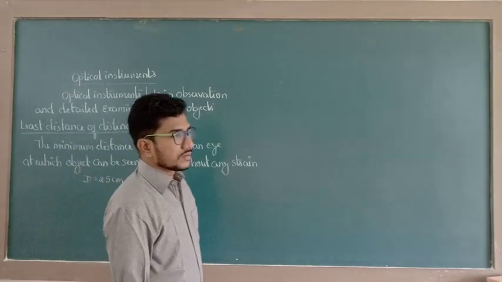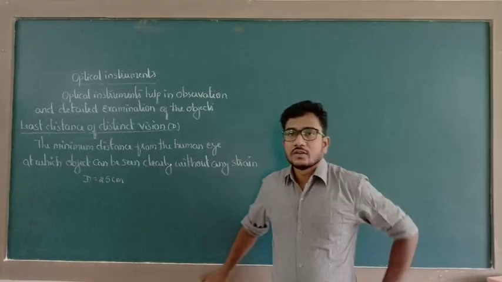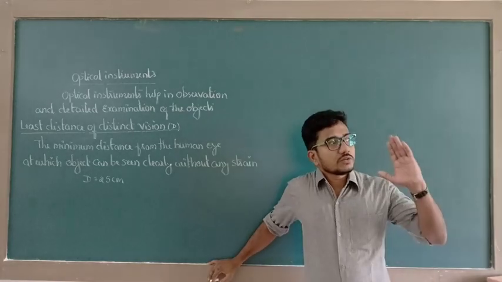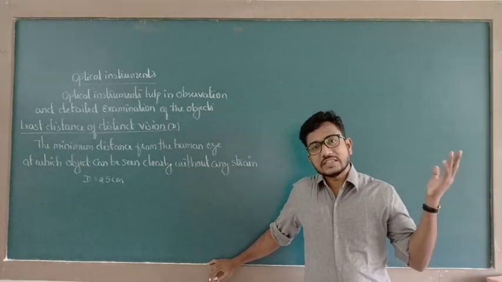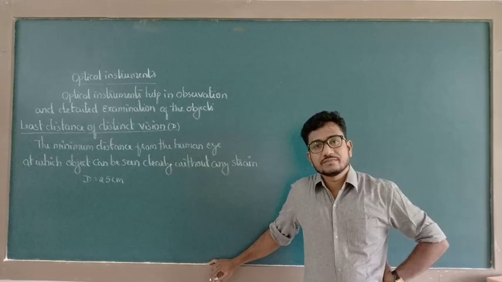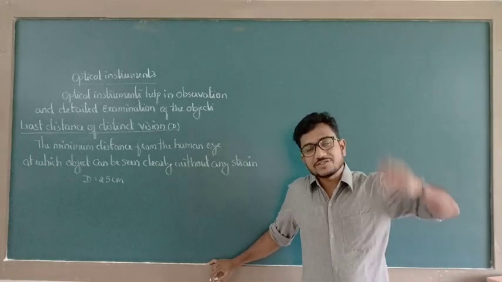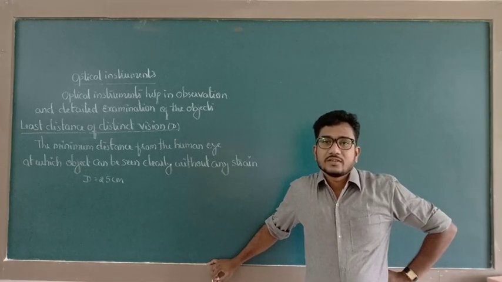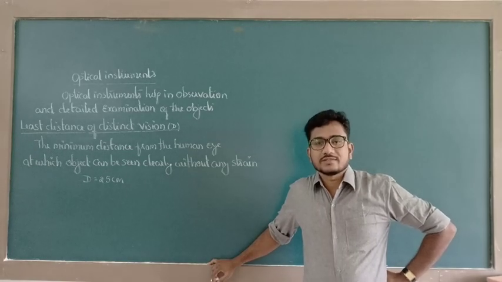How far can we see objects without any strain? Now I am going to view the sky. I don't know the distance of that sky from this position, so I am going to say it is at infinite distance. At night I am going to view stars.